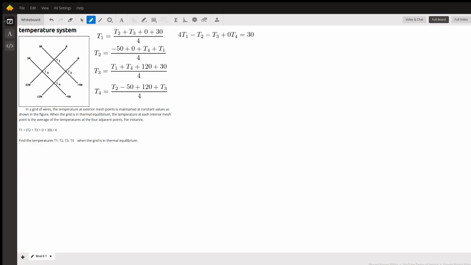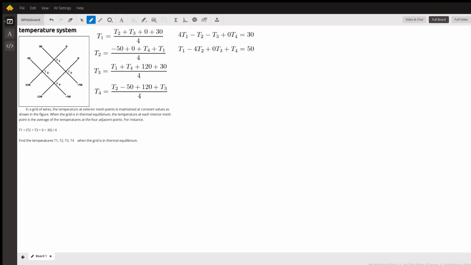We're going to do the same thing for the second equation. Here's our second equation.